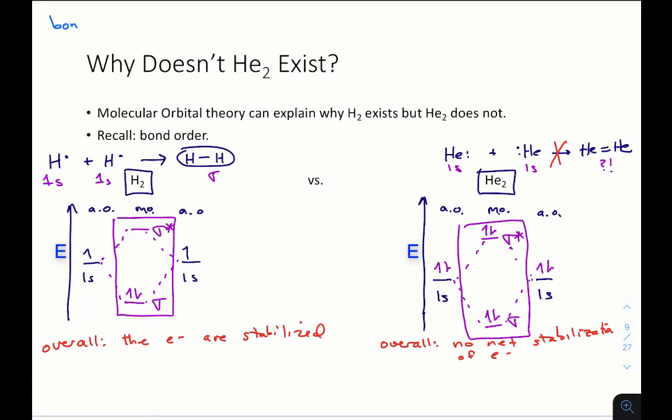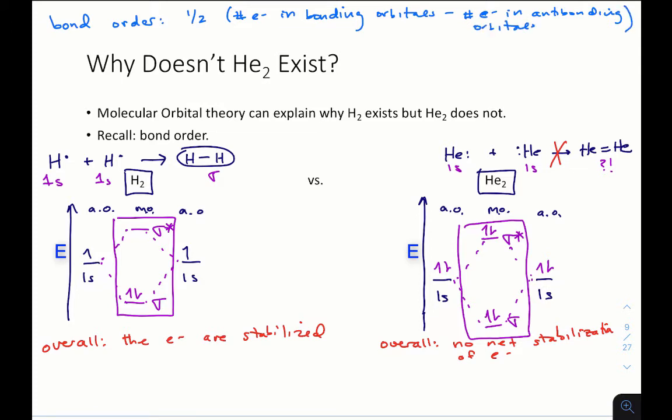If you looked up bond order, you have remembered that bond order is 1/2 the number of electrons in bonding orbitals minus the number of electrons in antibonding orbitals. Bond order is a way that we can predict the single, double, triple bond character of a bonding interaction using molecular orbital theory.